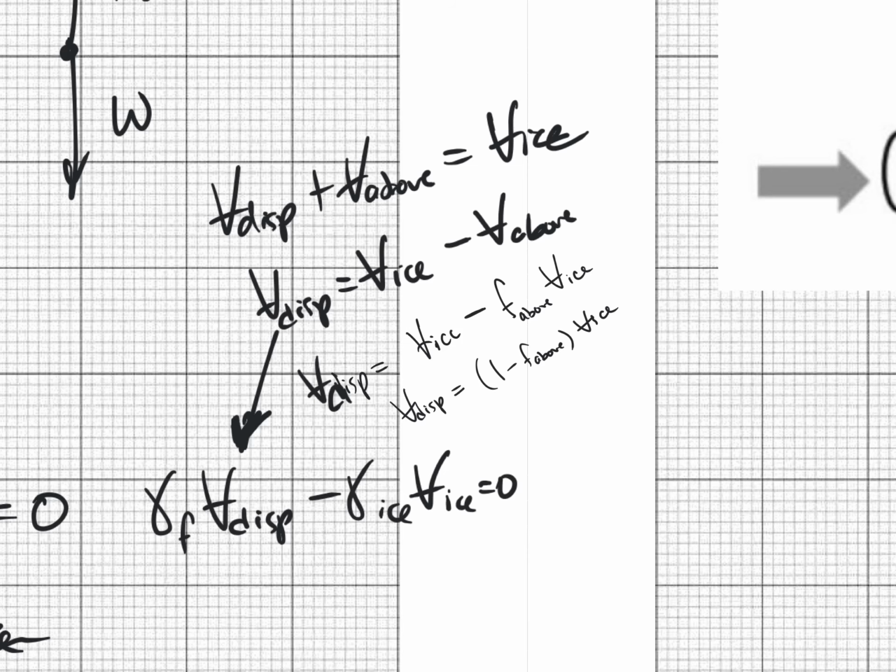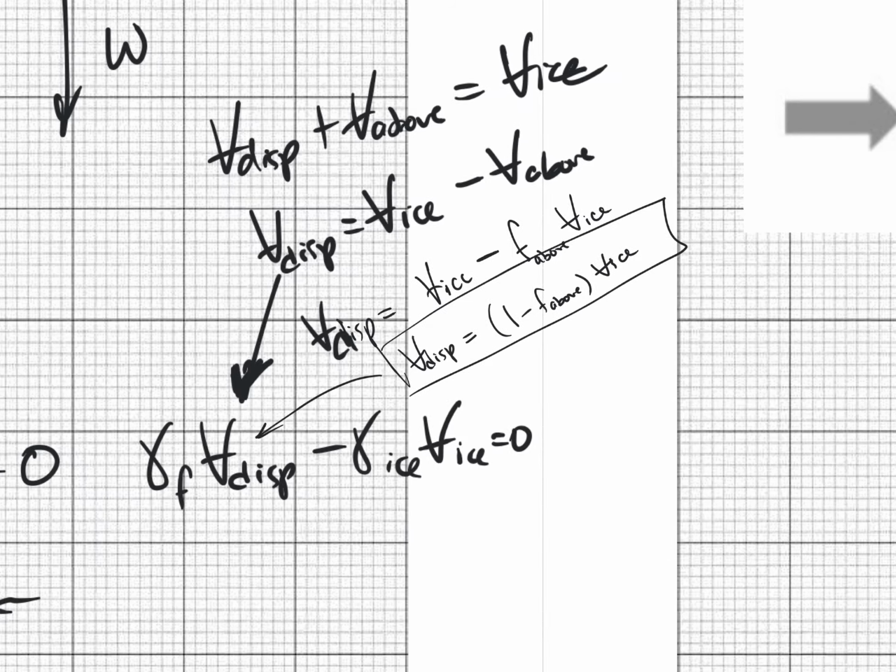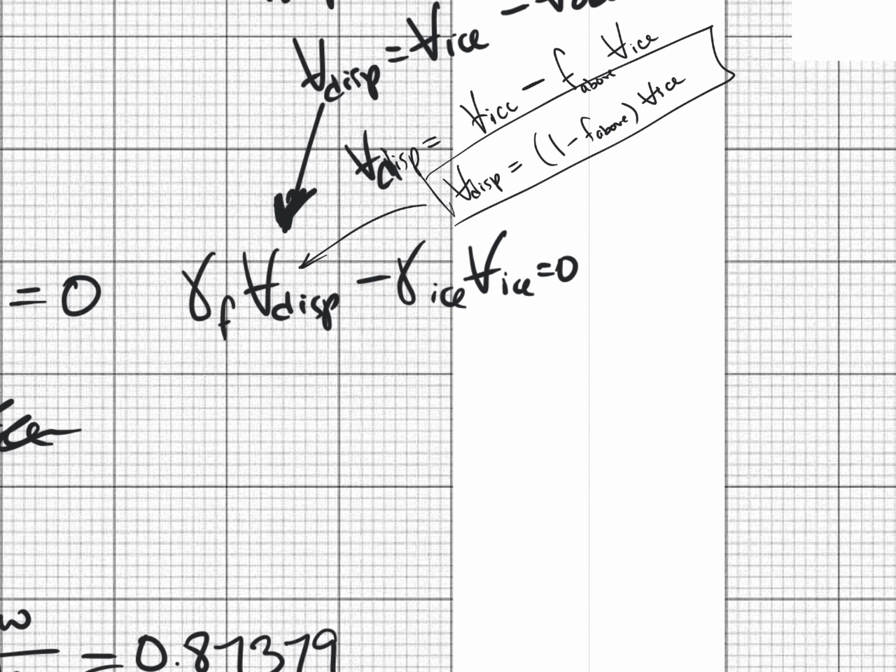Okay, so I can take this quantity and plug it right there. I'm going to solve straight out for F above, right? So now I've got gamma F times 1 minus F above times V ice minus gamma ice V ice equals 0. What you'll see that's nice about this is that V ice goes away.